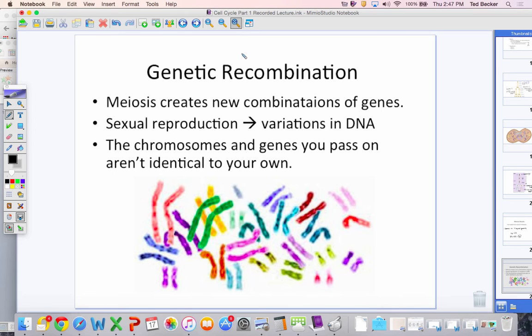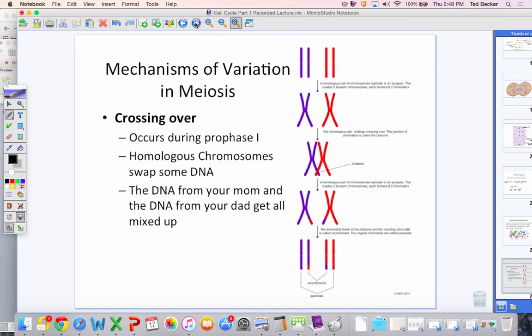And this is how sexually reproducing organisms create variation in their DNA. So through these mechanisms of variation in meiosis, you come out with a new generation that's different from the first one.